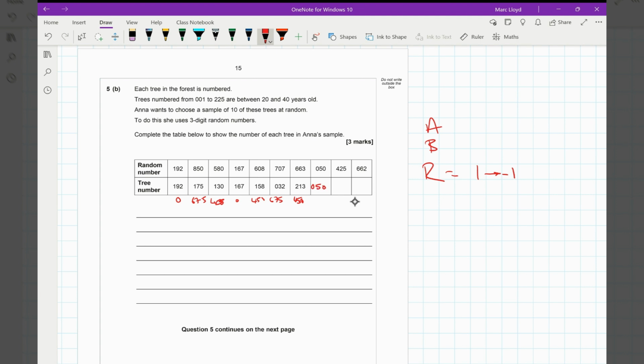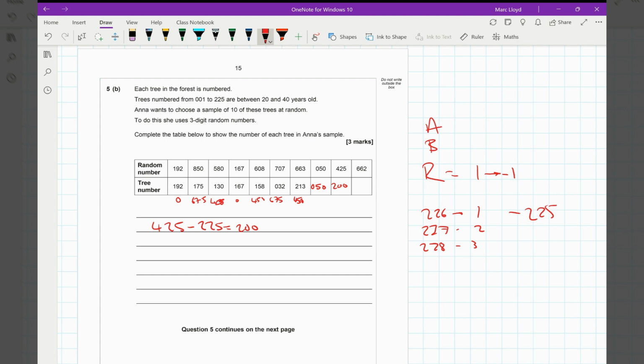When we get to, say, number 226, that's going to be number 1. 227 is going to be number 2. 228 is going to be number 3. So effectively, you subtract 225 and you keep doing it until you get a number between 0 and 225. So 425 take away 225 gave us the number 200. Lovely.